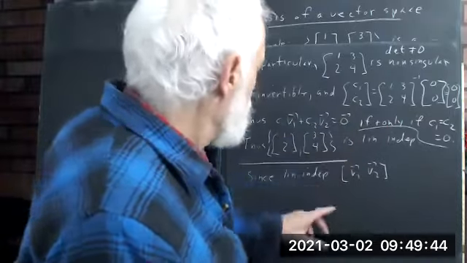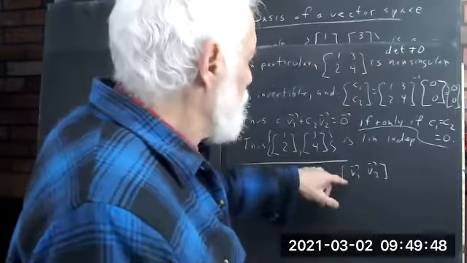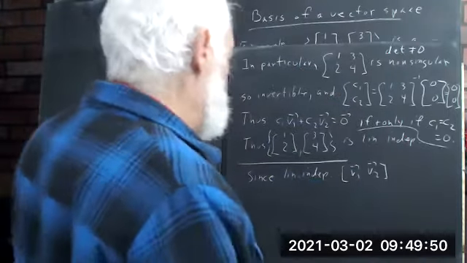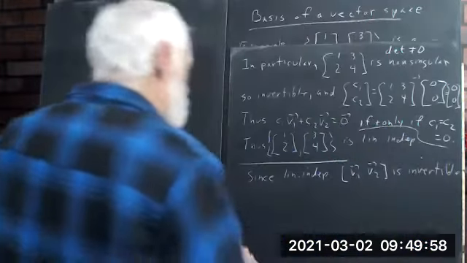We know that the matrix is going to consist of the columns that represent the vectors. The V1, V2 matrix is invertible.